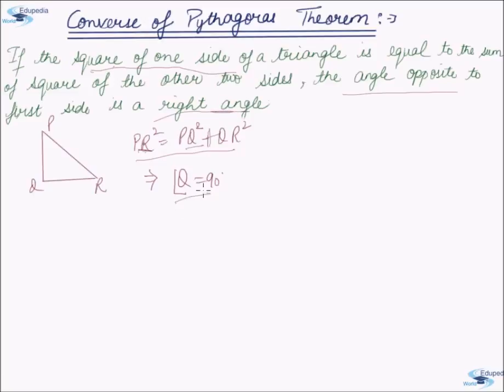That is, angle Q is a right angle, and by right angle we mean a 90-degree angle.